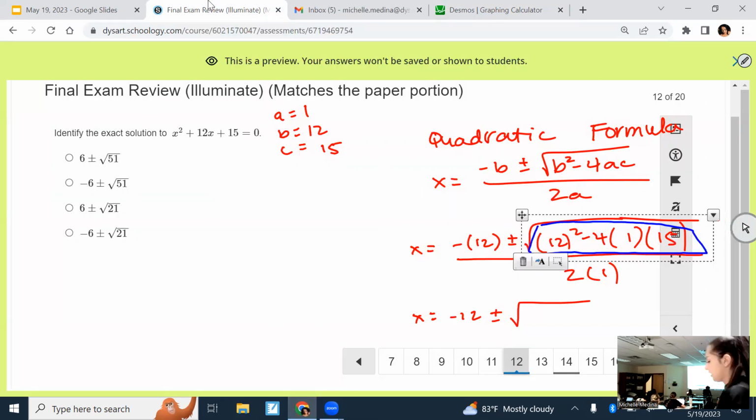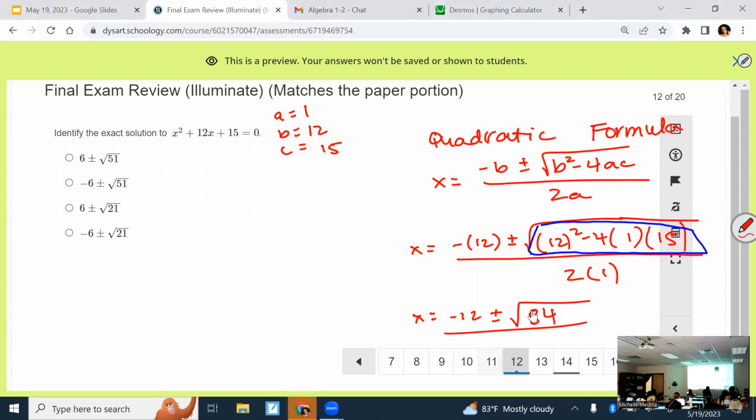Notice that it's not in any of the answers, but I'll show you why it's not. Also, 84 is not a perfect square, right? So that's why we're just going to leave it under the radical for now. And the denominator is 2 times 1. Now, notice that's not any of our answer options, and there's no denominator in our answer options.